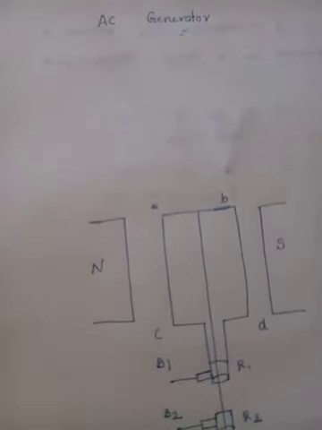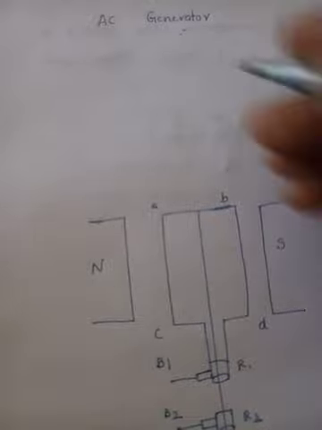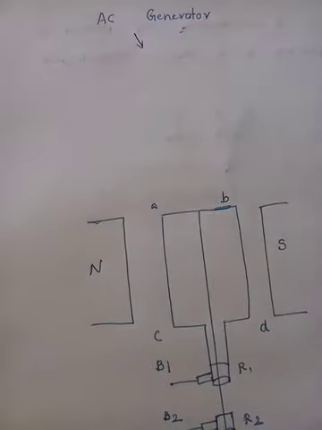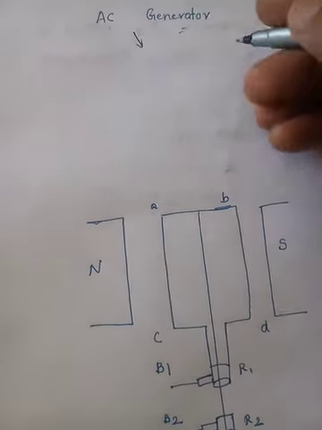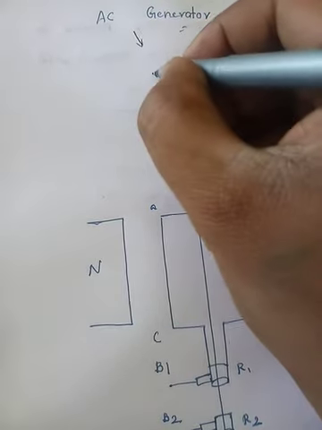AC generator. So what is an AC generator? Have you seen one? An AC generator is one of the devices made to reduce burden, right? So it is a device.